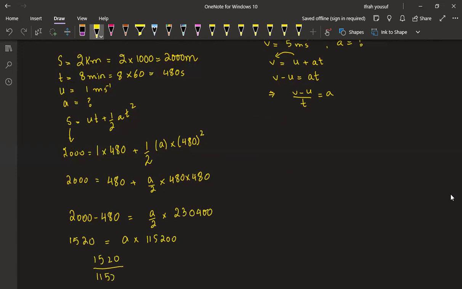So finally I'm getting 1520 divided by 115,200. It's going to be around 0.013 meters per second squared. I got the same answer but in a different way. So that's 0.013.